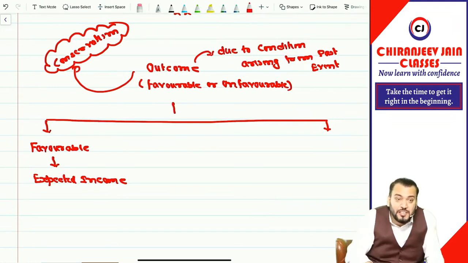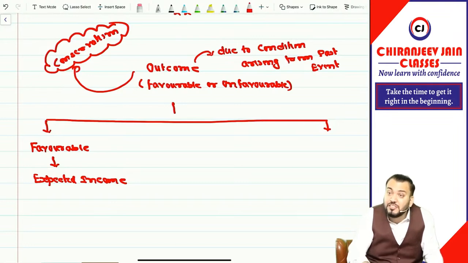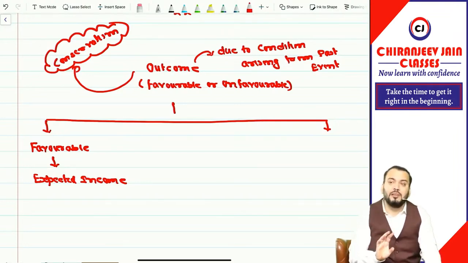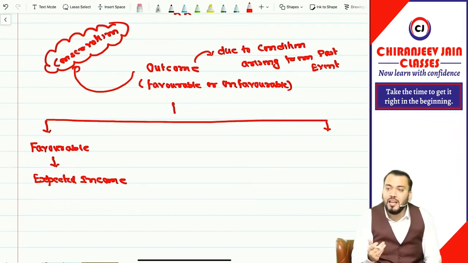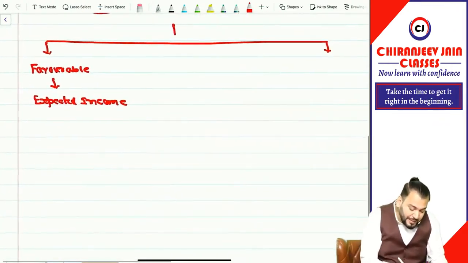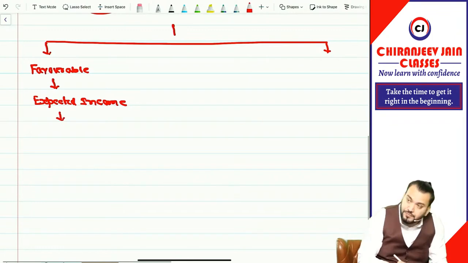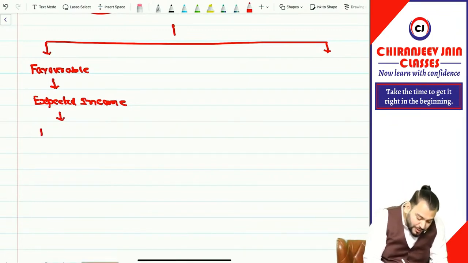So we apply the conservatism principle only on expected income and expected expenses arising from a past event. I hope you are understanding. Bolna yes or no? Correct. So expected income, will you recognize it? So can I say do not recognize?